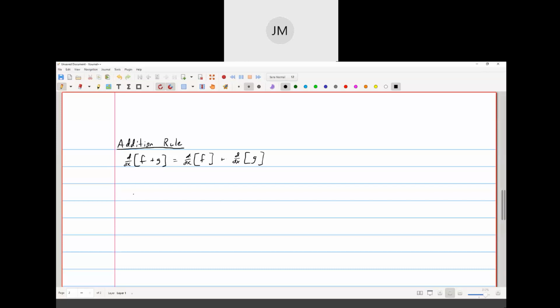Okay. Now, writing down this d dx notation is useful. It means take the derivative, right? Just as a reminder, we mentioned that in the last section. Right? So it means to differentiate what's inside.